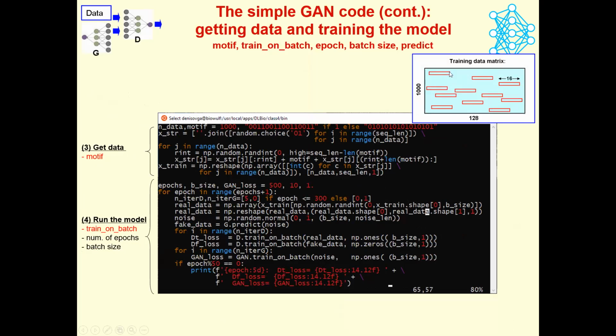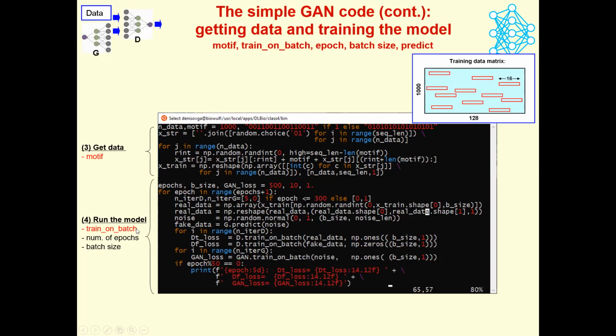We first generate 1,000 completely random sequences of zeros and ones, and then we substitute 16 randomly selected characters at a random position in each sequence with our predefined motif of length 16. So each sequence will contain a motif, the motif that I showed previously. And that's how we generate the data.